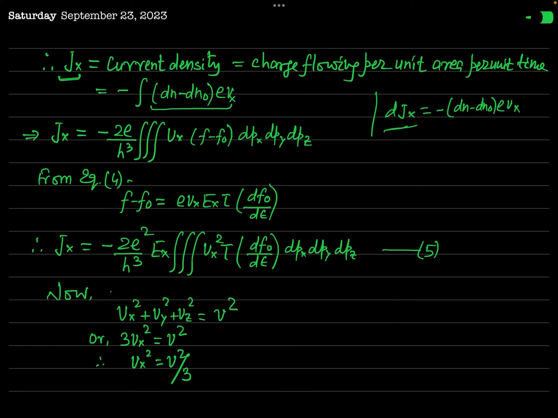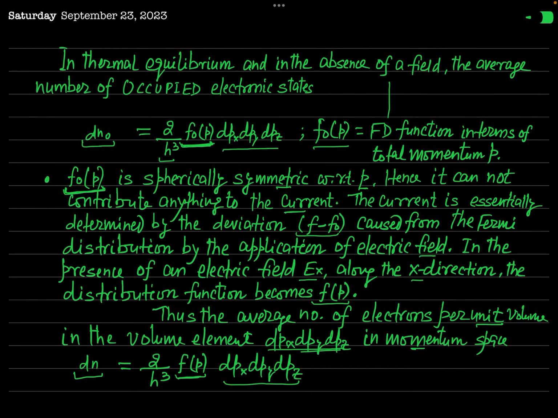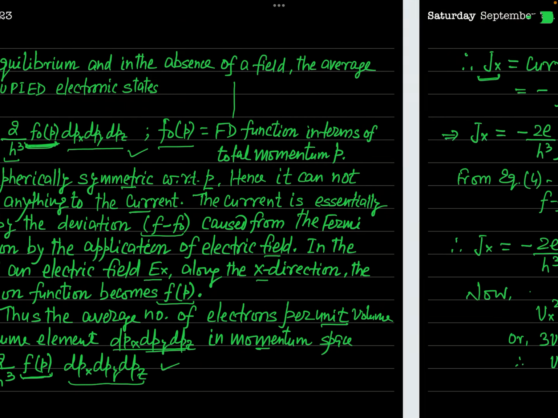Now let us substitute the values of dn and dn0 which we have obtained earlier. You can see that 2 over h cube dpx, dpy, dpz are common factors, and the only difference is in this function: here it is f of p and here it is f naught of p.